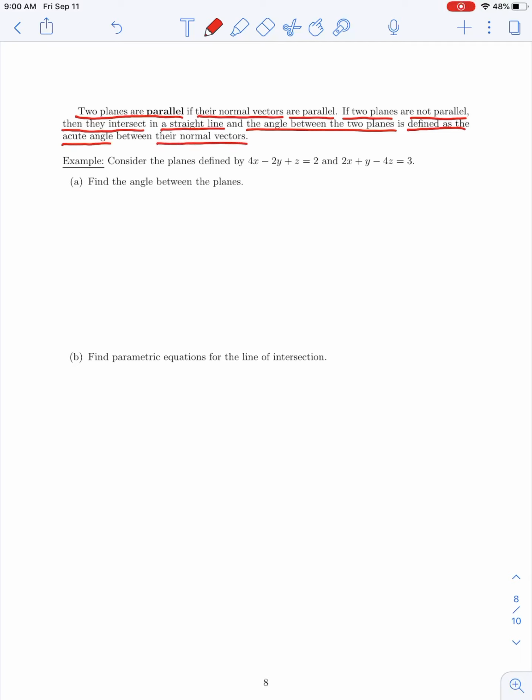So for two planes which do not have parallel normal vectors, those planes will intersect in a line in space, and we would define the angle of intersection of those two planes as the angle between the normal vectors for those planes. And we know how to find the angle between two vectors in space.